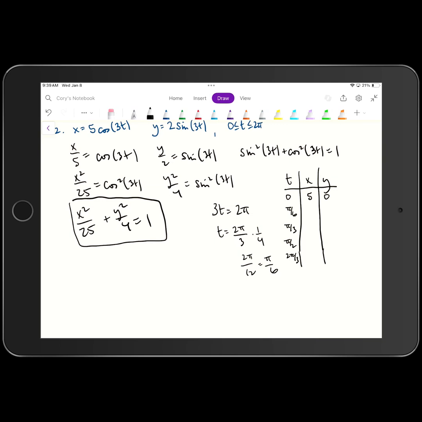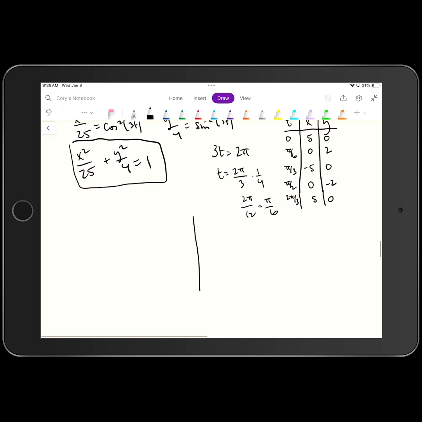When we do the same thing at pi over 6, the x coordinate is 0 and the y coordinate is 2. At pi over 3, the x coordinate is -5, the y coordinate is 0. At pi over 2, the x coordinate is 0, the y coordinate is -2. And at 2 pi over 3, the x coordinate is 5 and the y coordinate is 0.